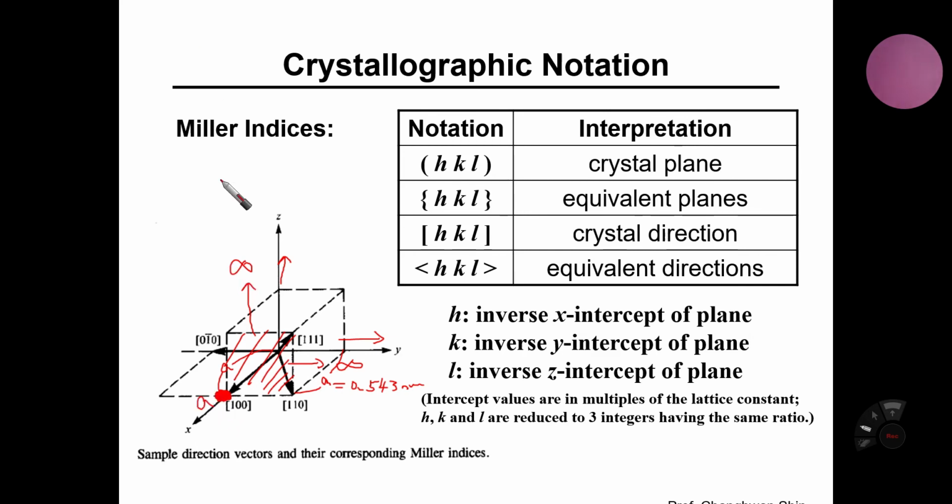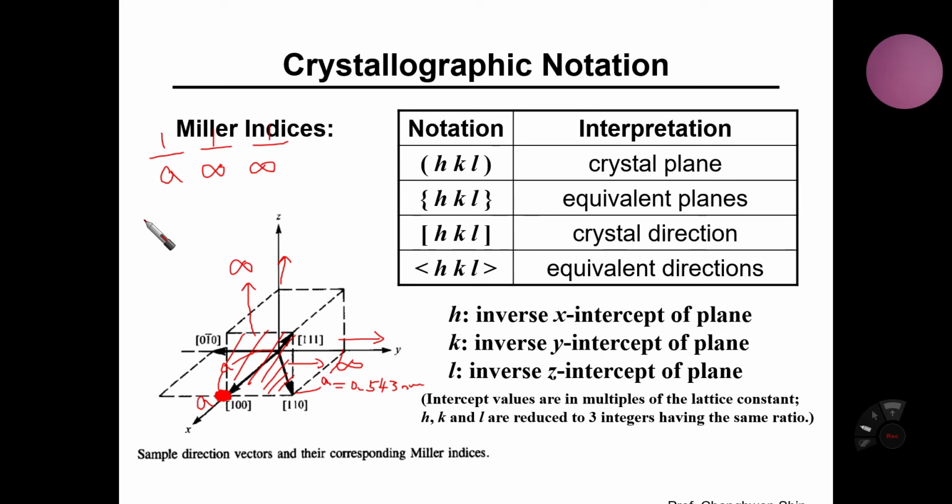So now the x-intercept is a, the y-intercept is infinity, the z-intercept is infinity. Following the details of how to get Miller indices, take 1 over a, 1 over infinity, 1 over infinity.